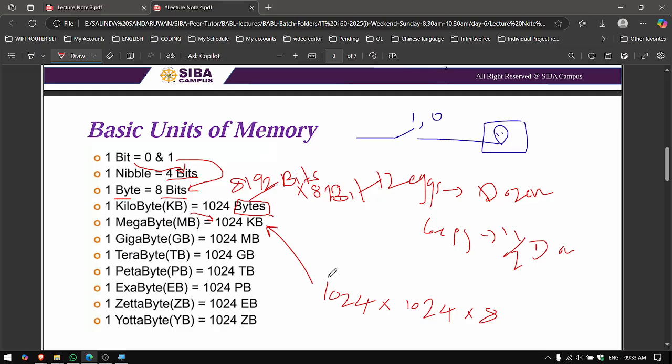Then we convert megabytes to kilobytes, and kilobytes to bytes, and then to bits.